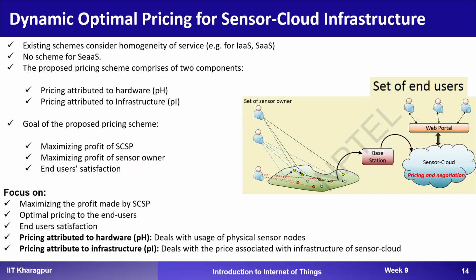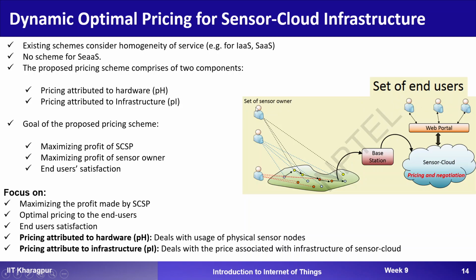Next topic is dynamic optimal pricing for sensor cloud infrastructure. We have studied about your caching. Now we will study how the pricing will be done, so that the profit of your sensor owners as well as your SCSP will be increased in such a way that the needs of the end user are satisfied.